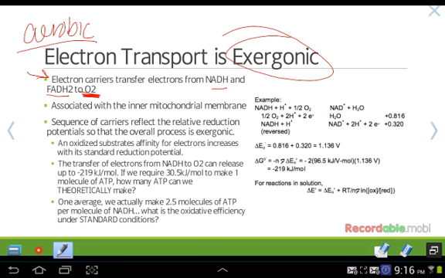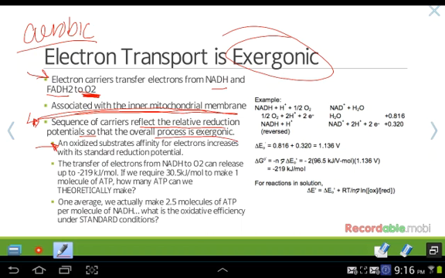All of these electron transport proteins are embedded in the inner mitochondrial membrane. And we see that there is a sequence of carriers and that these carriers reflect the relative reduction potentials so that the overall process is therefore exergonic. So as we see, an oxidized substrate's affinity for electrons increases with its standard reduction potential.